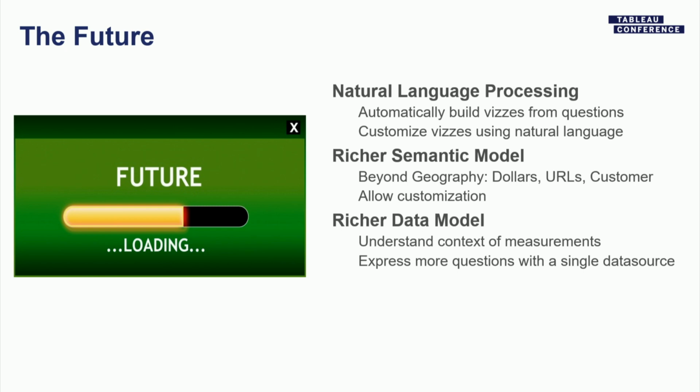With a richer data model, you can take virtually all the data in your organization, put it into a single data source with all the relationships understood by Tableau, and have Tableau natively understand how the different measures are related to the fields. When you ask questions that involve both employees and customers, it will do the right thing, and if your questions are only about employees, it will still do the right thing.